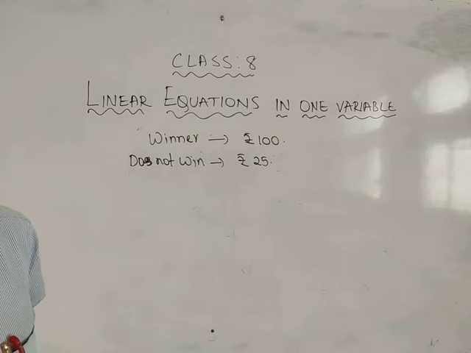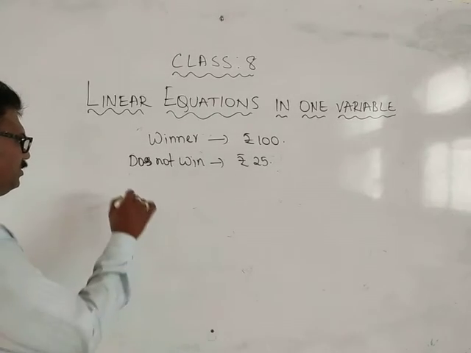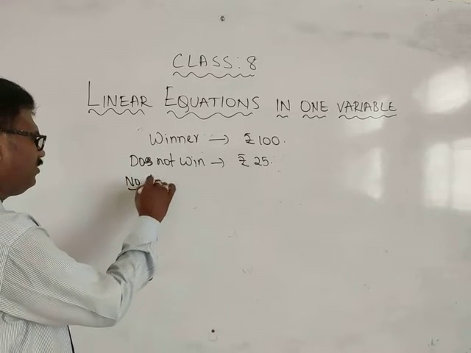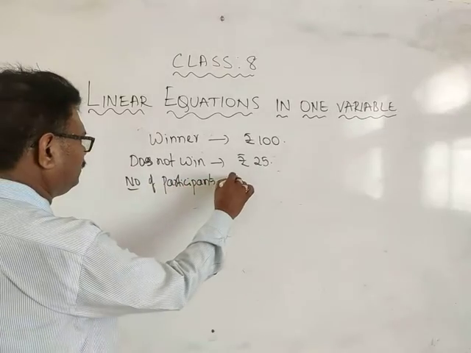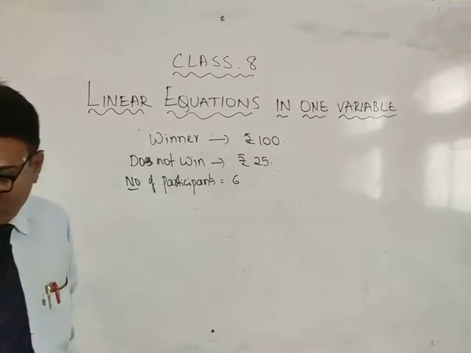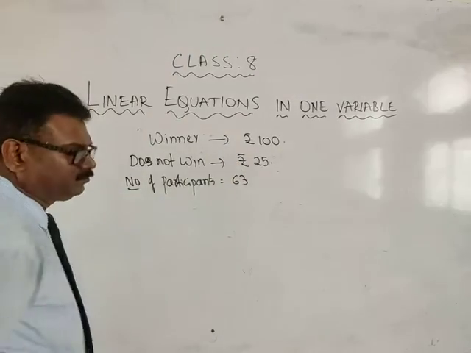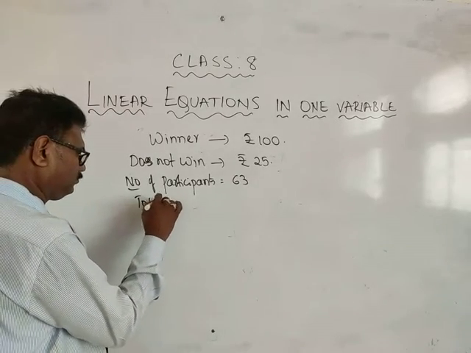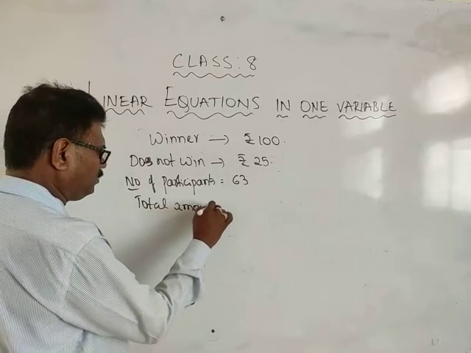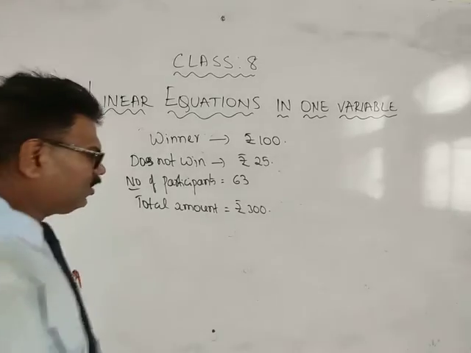Now, every participant who does not win gets a prize of 25. The total prize money is 3000. The total number of participants is 63, and total amount is rupees 3000.